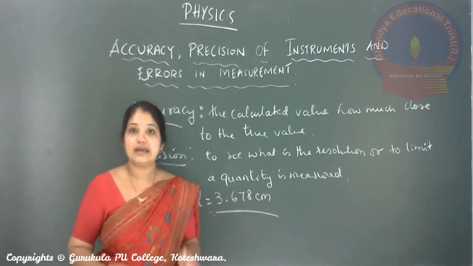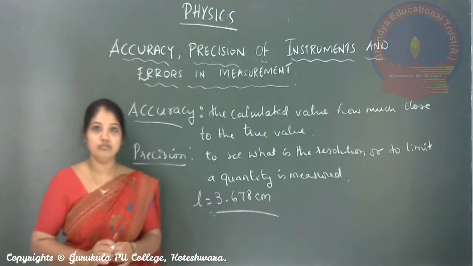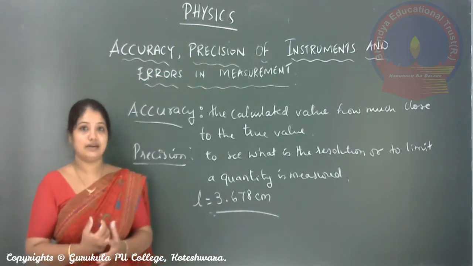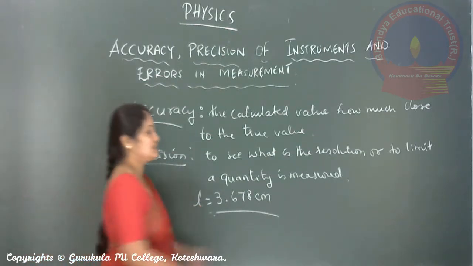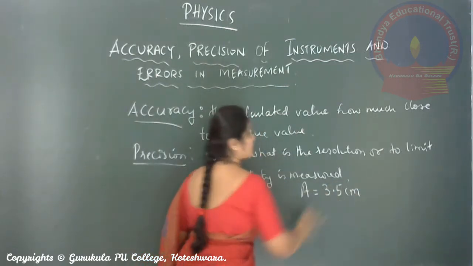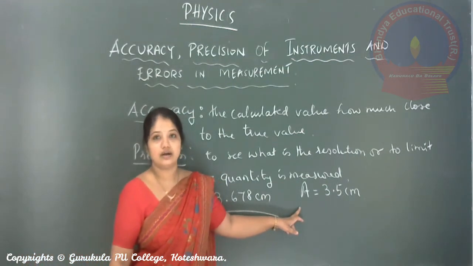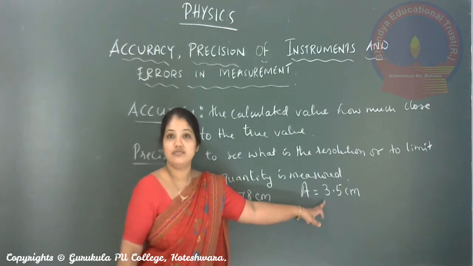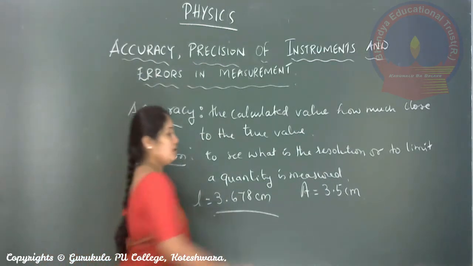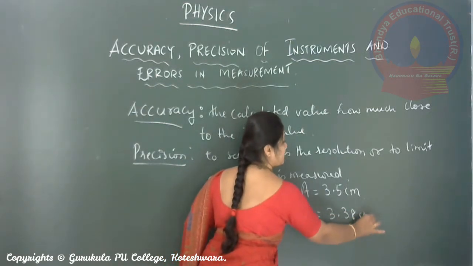Person A does an experiment, carrying out the same procedure with the same techniques, and gets the answer of about 3.5 centimeter. Another person, B, gets the answer of about 3.38 centimeter.